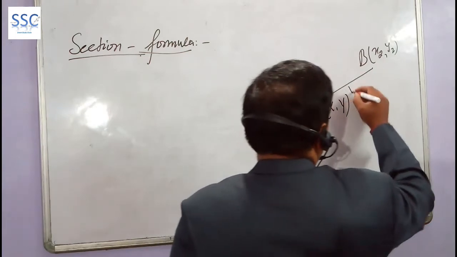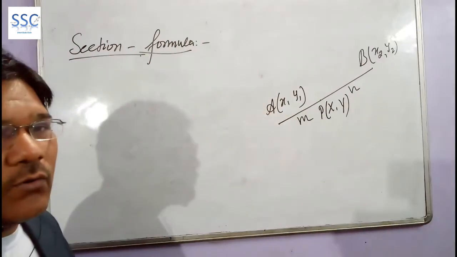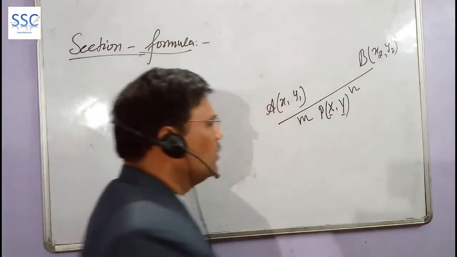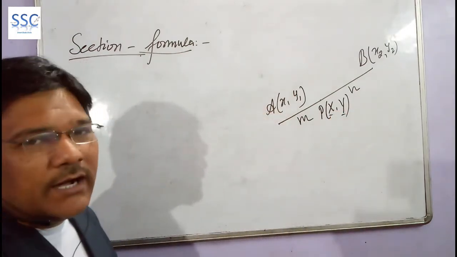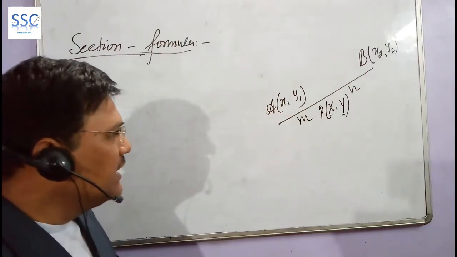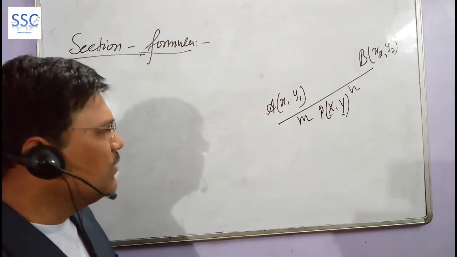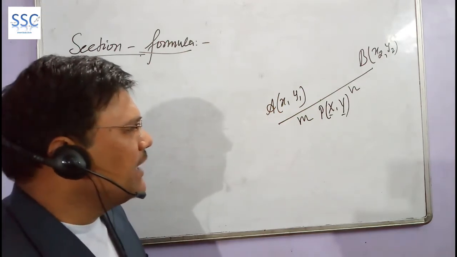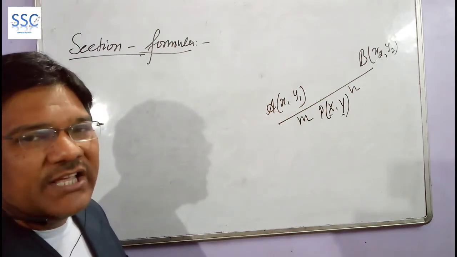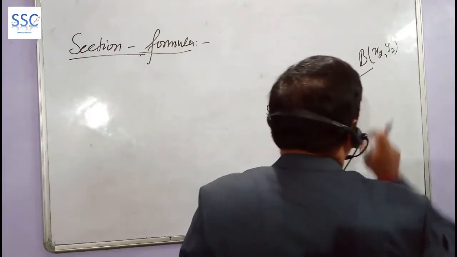the ratio m:n. We have to find the coordinates. Capital X and capital Y are the unknowns. You have to find the coordinates of a point P on the line segment joining the points A (x1, y1) and B (x2, y2), which divides this line in the ratio m:n. The ratio is first part m, second part n.